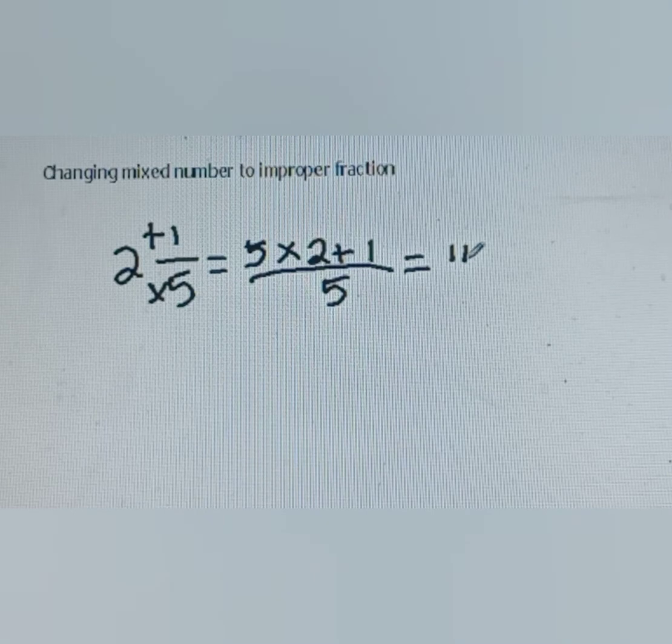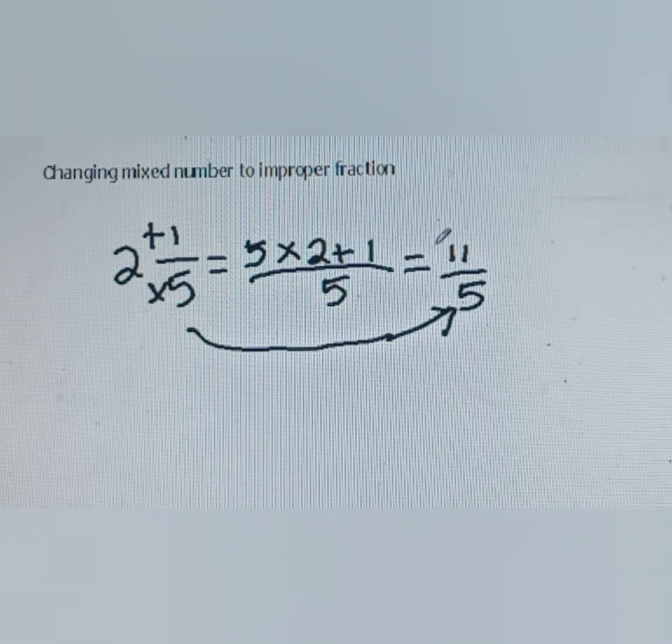So let's put 11 here over the denominator. What will you do? Just copy the denominator, 5. So if you notice, the numerator is bigger than the denominator. So it's now an improper fraction. So you can say that 2 and 1/5 is just the same as 11/5. Only this is mixed number and this is improper fraction.